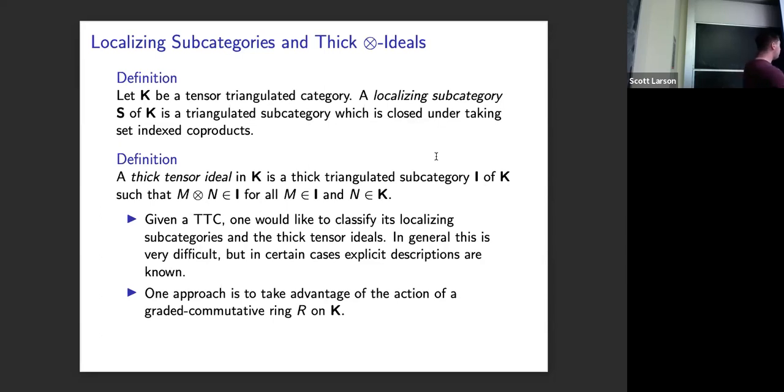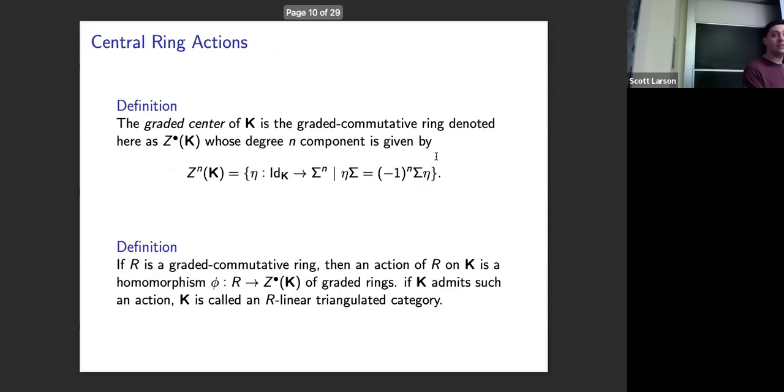So one approach is to take advantage of an R action, where R is a graded commutative ring. So let me tell you what I mean. So we can define the graded center of K, and we denote it this way, Z bullet K. It's a graded commutative ring, and in the degree n component, we consider natural transformations from the identity to the shift that commute with the shift up to a sign.